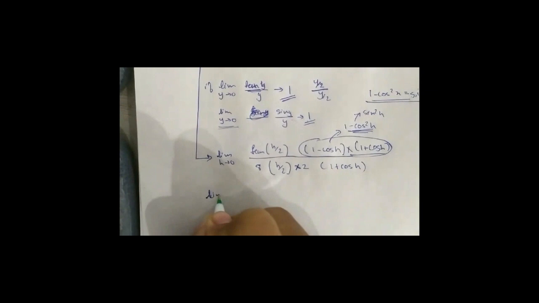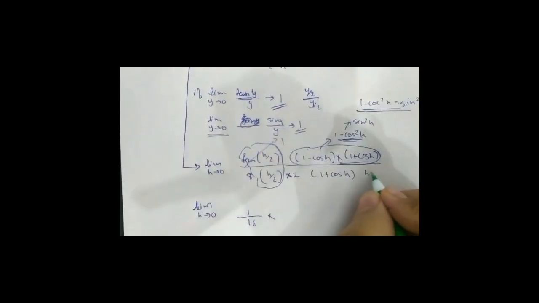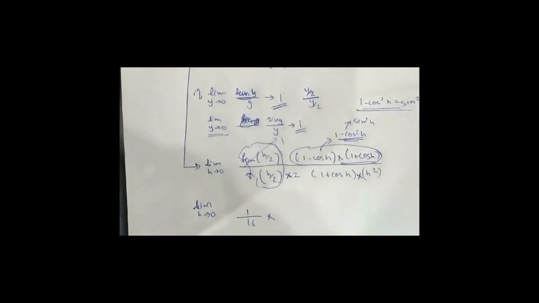So let's come back, and we have almost solved our problem, because this would be 1, right? So we can simply write 1 by 16 into, I was missing the denominator part, the h square, right? These mistakes sometimes happen. So no worries, here it is sine square h, and here it is h square, and here 1 plus cos h is also there.